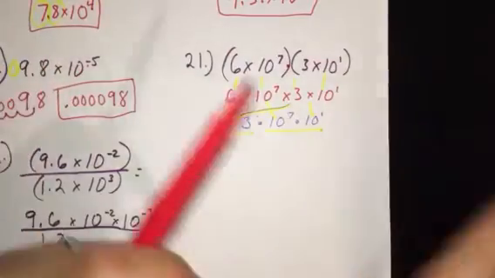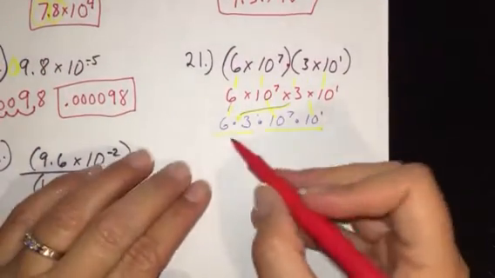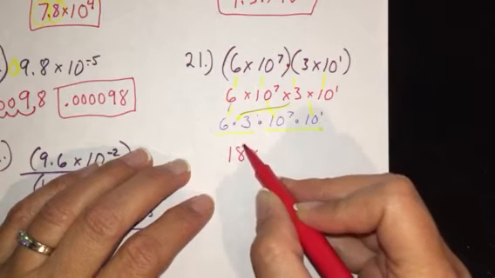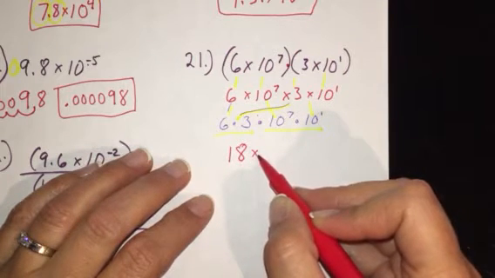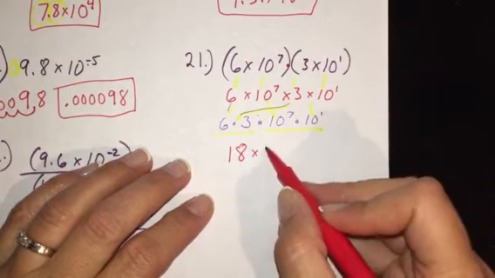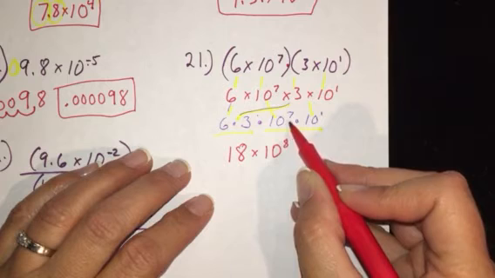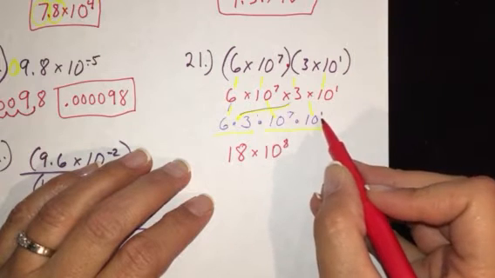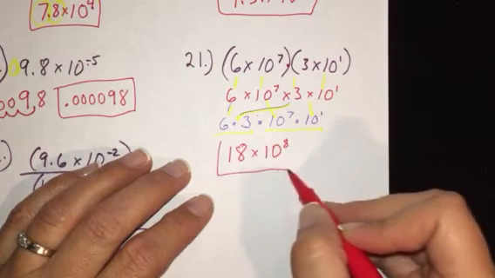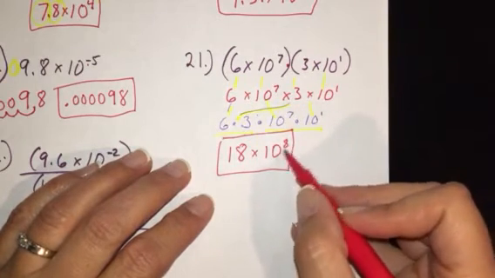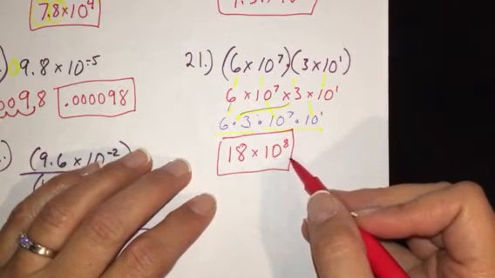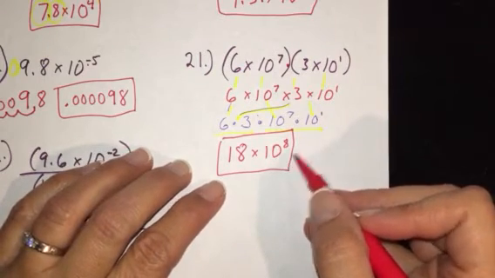And then you probably can tell what I'm about to do is I'm going to say 6 times 3, oh, that's 18, times, because we always leave scientific notation in multiplication form, times what? Well, times 10 to the 8th, because we have 7 tens here and we have 1 10 here. So added those together, you have 10 to the 8th. So you kind of need that skill of adding exponents to be able to do an operation in scientific notation.